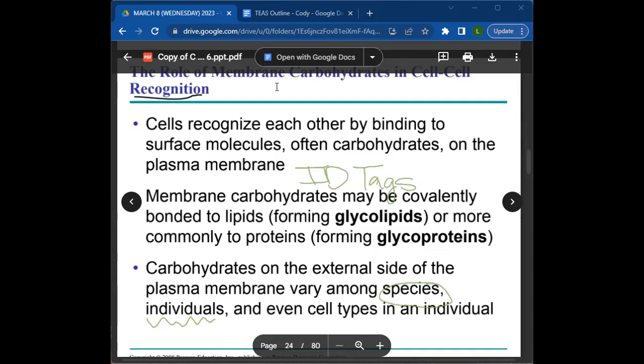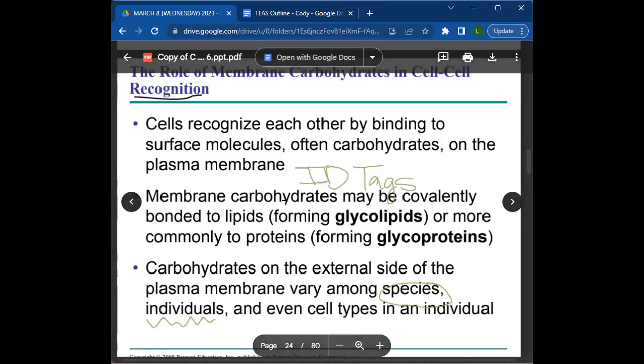And technically, what they're doing is looking at the glycolipids and glycoproteins of the individuals. Cross type and matching. There we go, that's the specific term, cross type and matching.